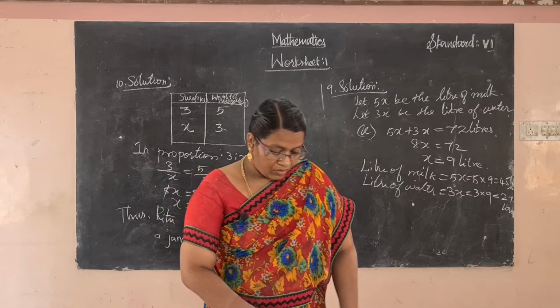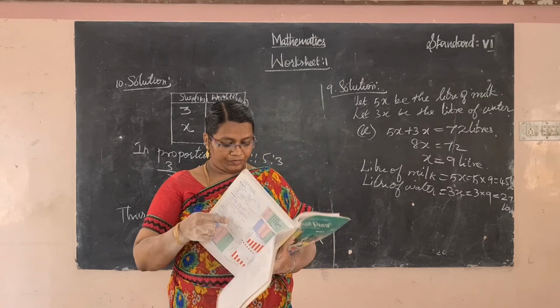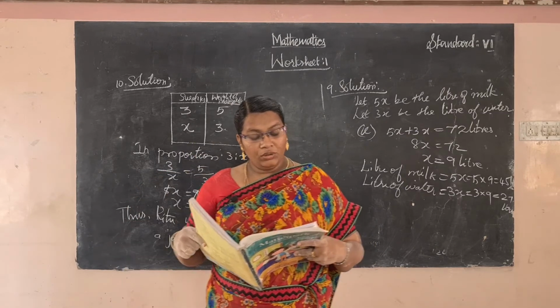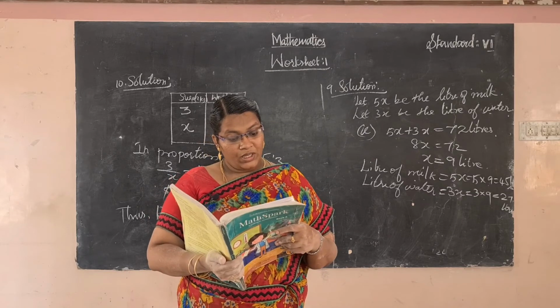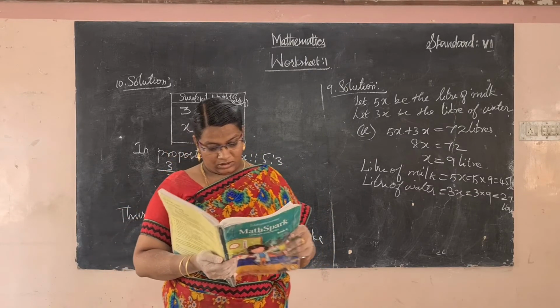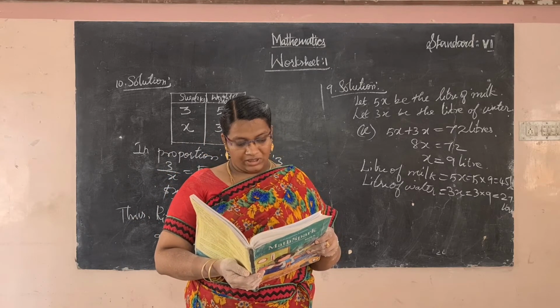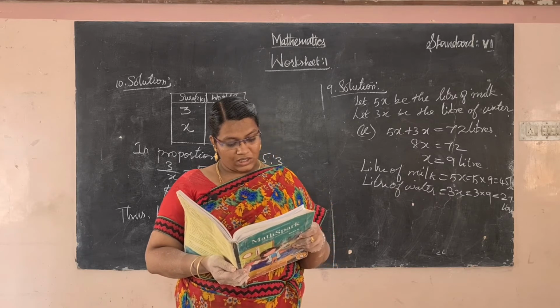So first 5 problems are homework. Okay, here the very easiest one, the worksheet 2. In worksheet 2, the first, second, third, fourth, write in the ratios. These are very easy ones.